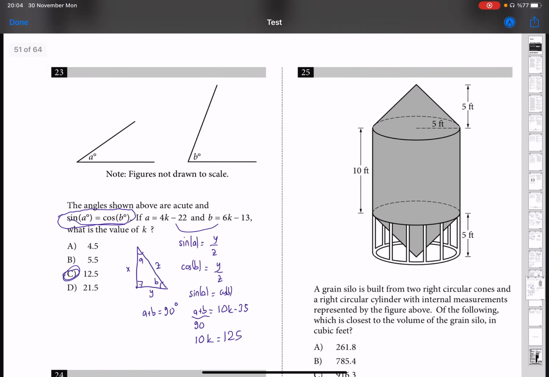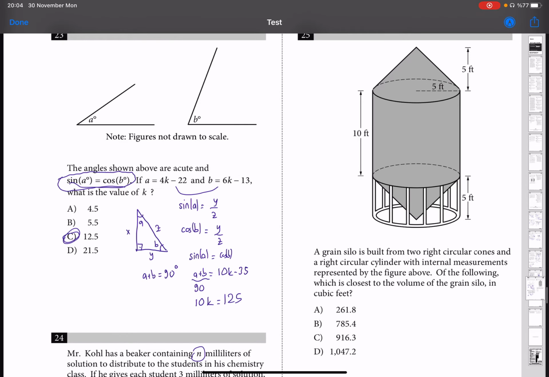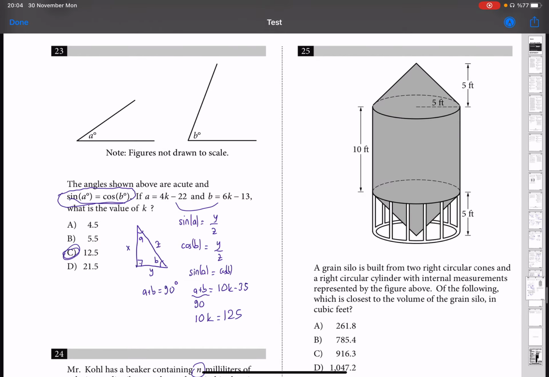Next question. A grain silo is built from 2 right circular cones and a right circular cylinder with internal measurements represented by the figure above. Of the following, which is closest to the volume of the grain silo in cubic feet? So we know the volume of the cones.